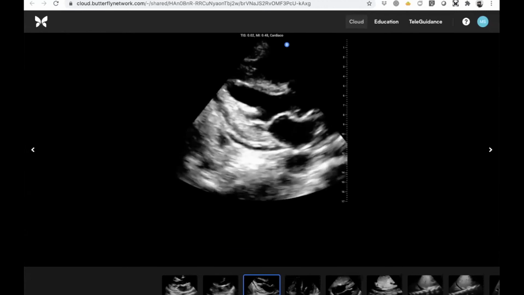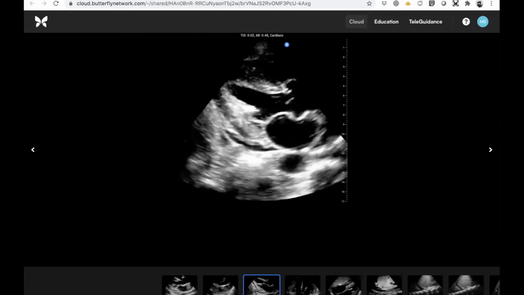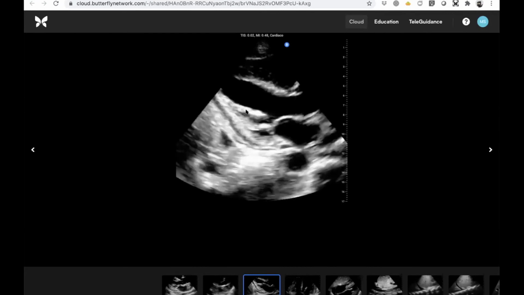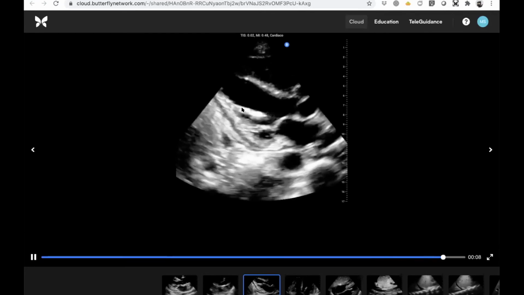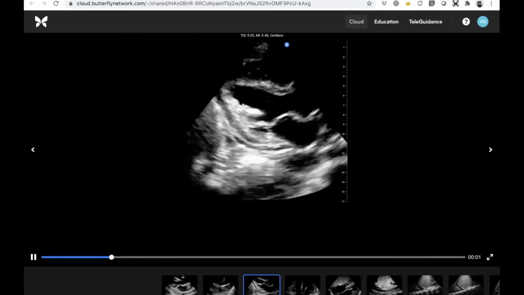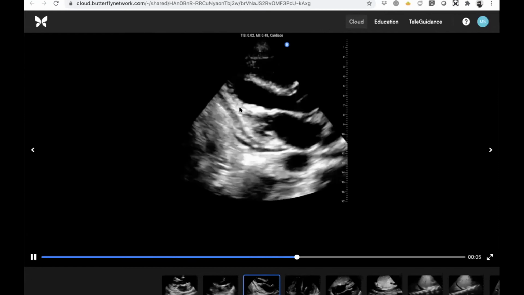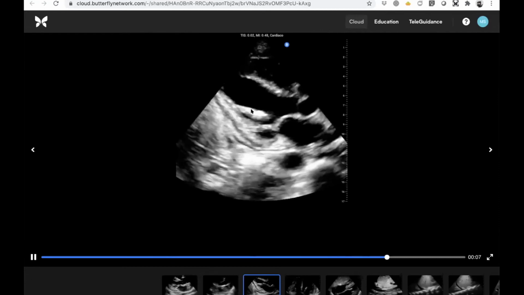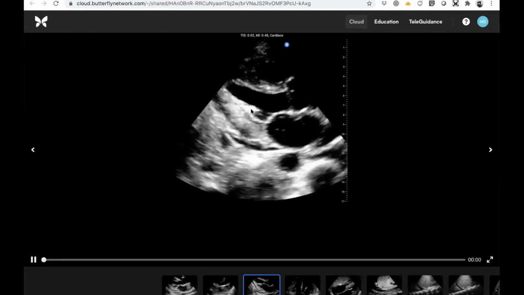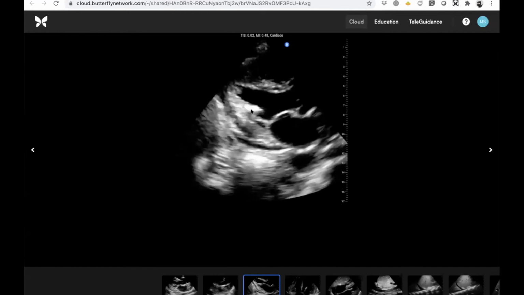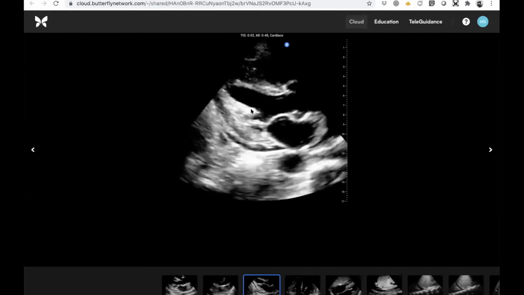There seems to be a hyperechoic spot almost right where your arrow is. It may be some papillary muscle, but it seems rather bright to me. And I think I see other aspects of your mitral valve that are connected to where the papillary muscle should be. So that could be abnormal.